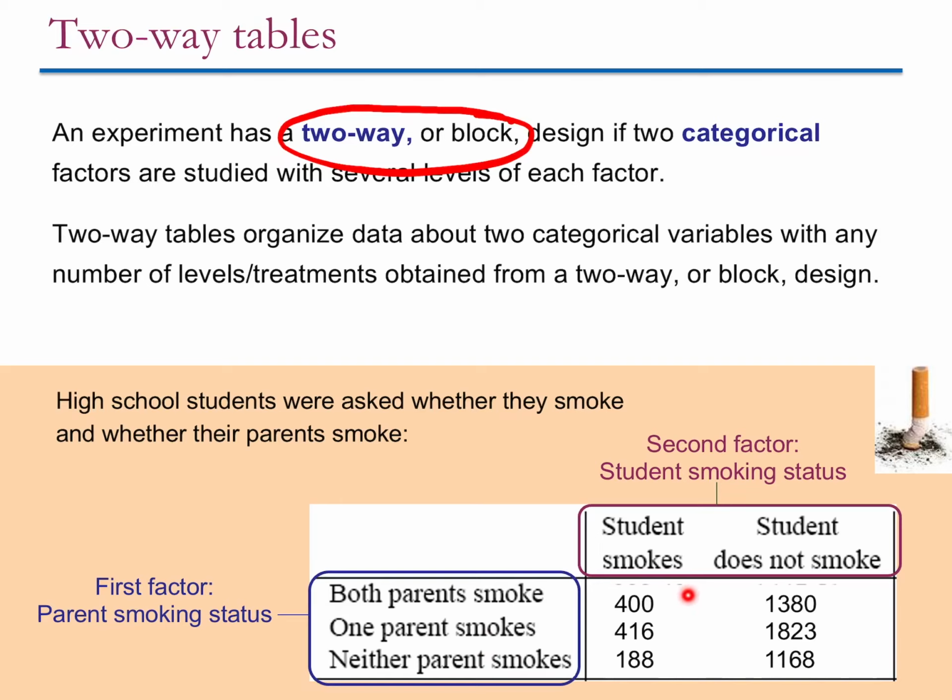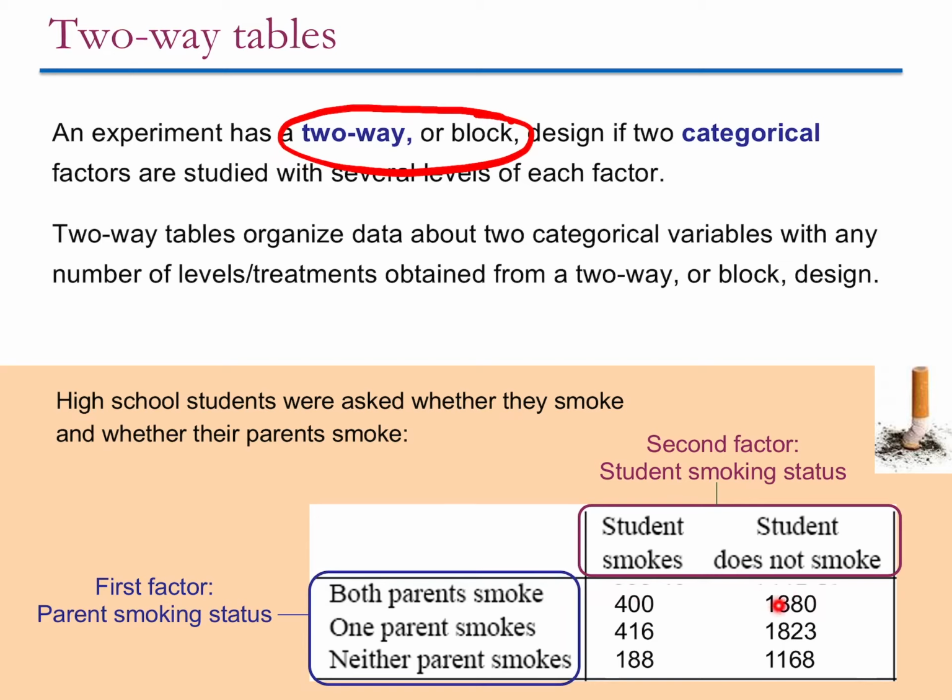Here we actually see the data for that. When you're looking at it this way in a table, it's hard to glean any information about whether or not there's a relationship here. This is what the chi-square for two-way tables is going to help us figure out. As an example, here we have 400 students who said they smoked and also lived in a two-parent smoking household.